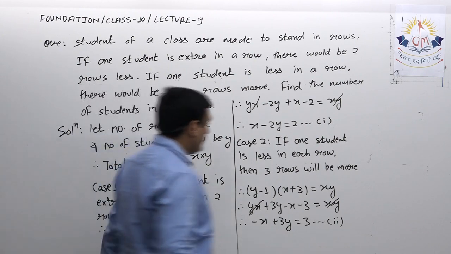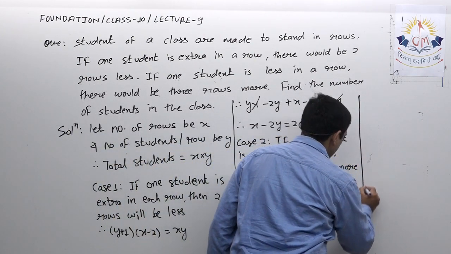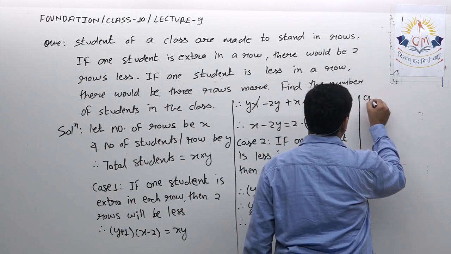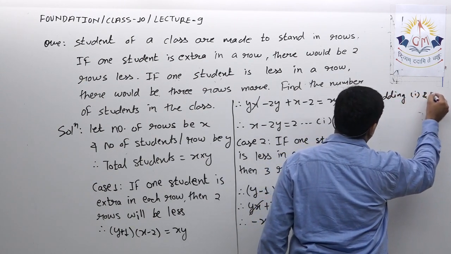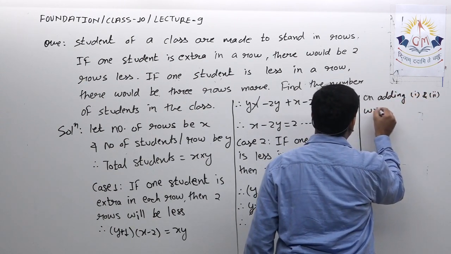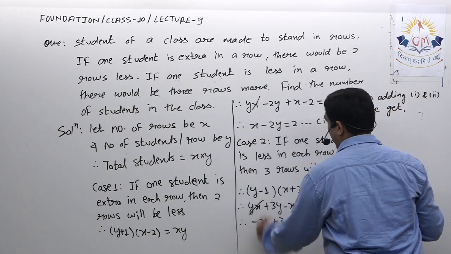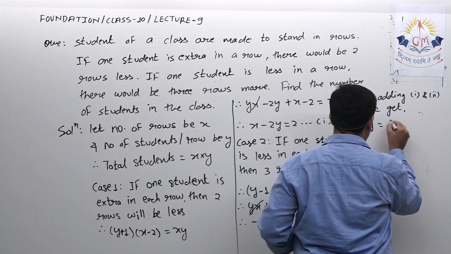Now on adding equation 1 and 2, on adding first and second, we get minus x plus x cancel, 3y minus 2y, y is equal to 5.